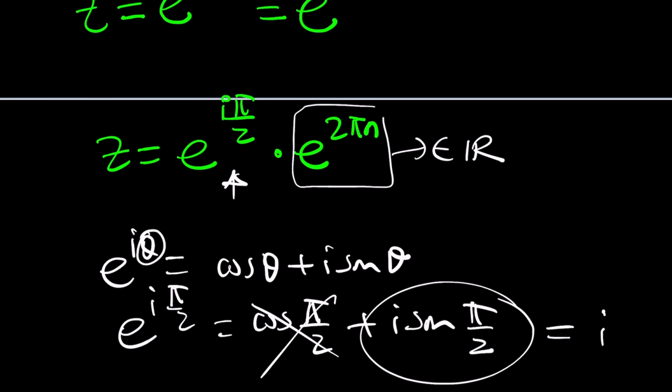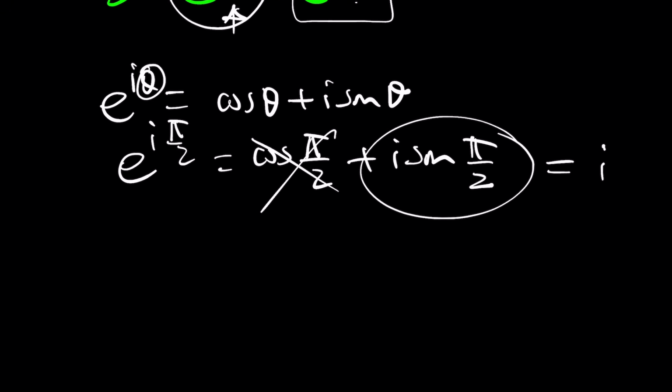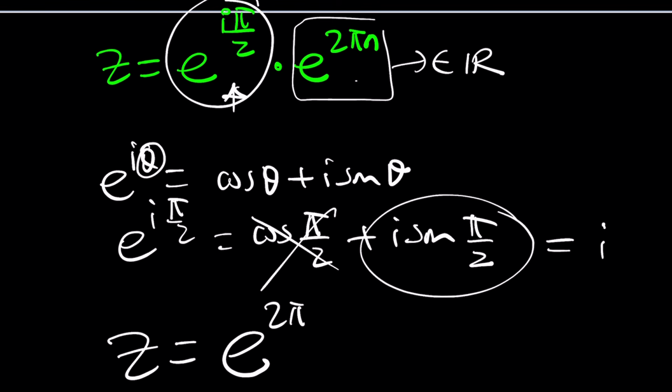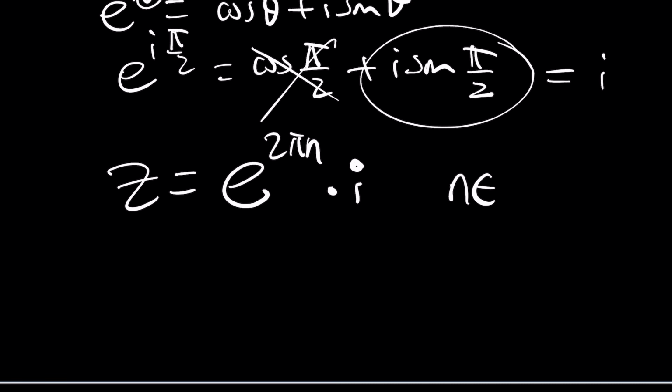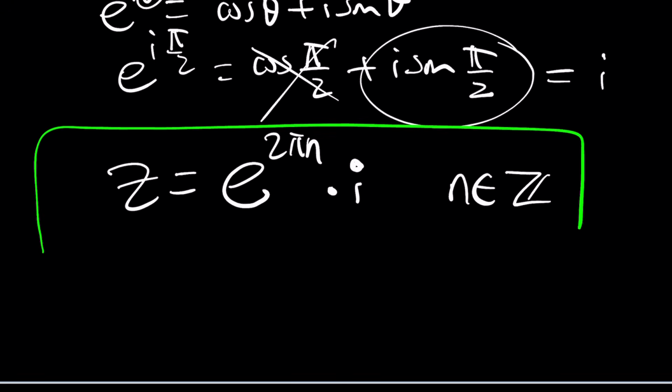In other words, e to the i pi over 2 is i because the argument of i is pi over 2. Does that make sense? I hope it does. So this is i, and this is a real number, so the solutions can be written as z equals e to the power 2 pi n multiplied by i. And n is an integer, of course, right? It can be negative or positive, and we get the general solution this way.